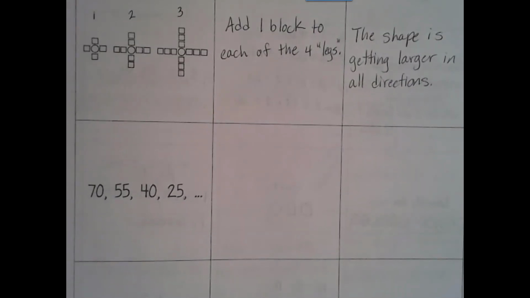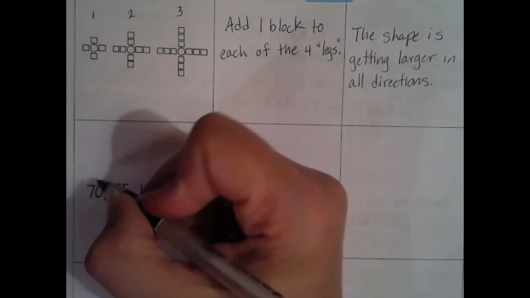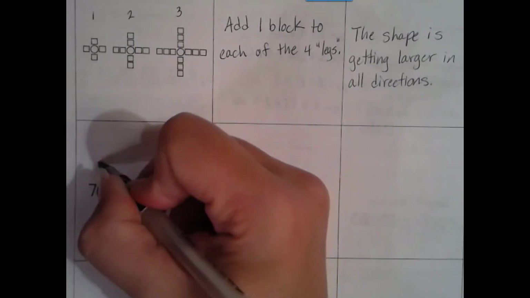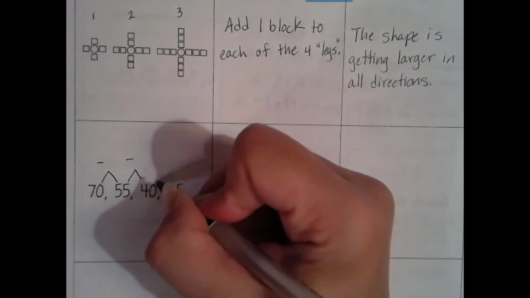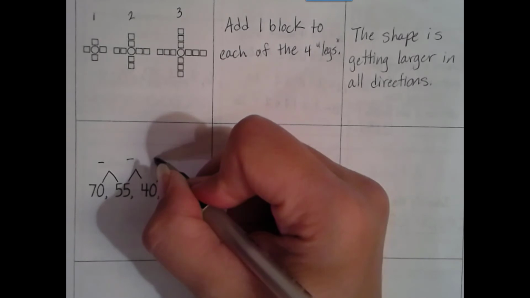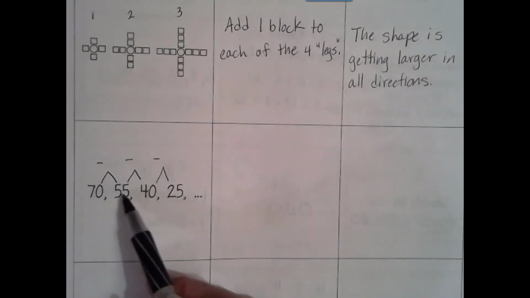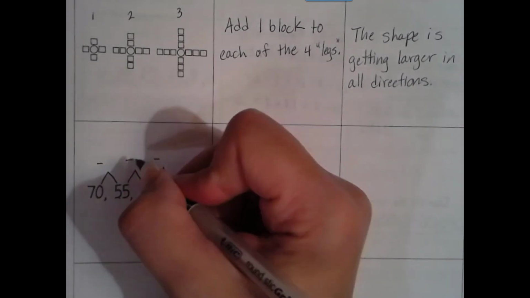So you've done shape patterns. Now we're going to look at number patterns. First we have to figure out our rule. So it's decreasing. That means I'm going to subtract. But what am I going to subtract each time? This one's the easiest one to see. From 55 to 40, I would have had to take away 15.